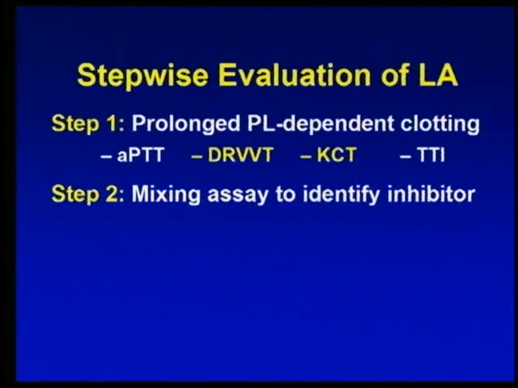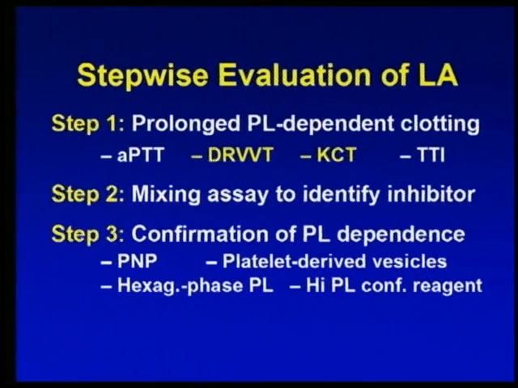In addition to showing prolongation of this clotting time, we need to confirm that this is an inhibitor by doing mixing assays with normal plasma. And then comes further confirmation that this activity is phospholipid dependent, and that you can overcome this by adding some form of phospholipid. There's a phospholipid neutralization procedure, or phospholipids derived from platelets.